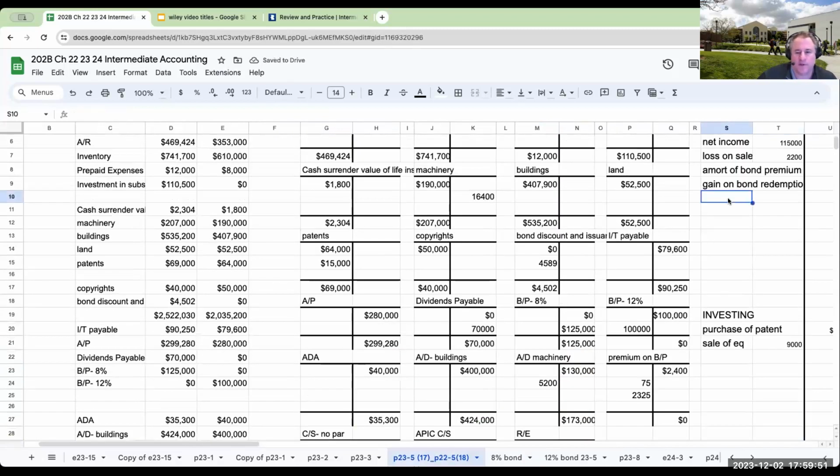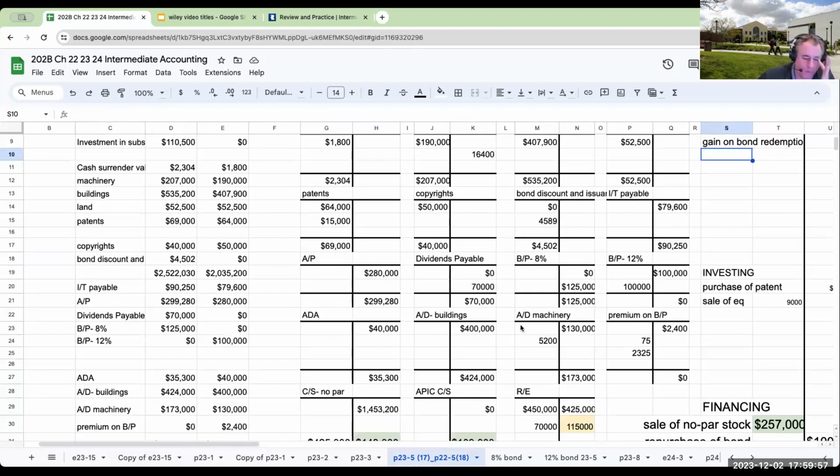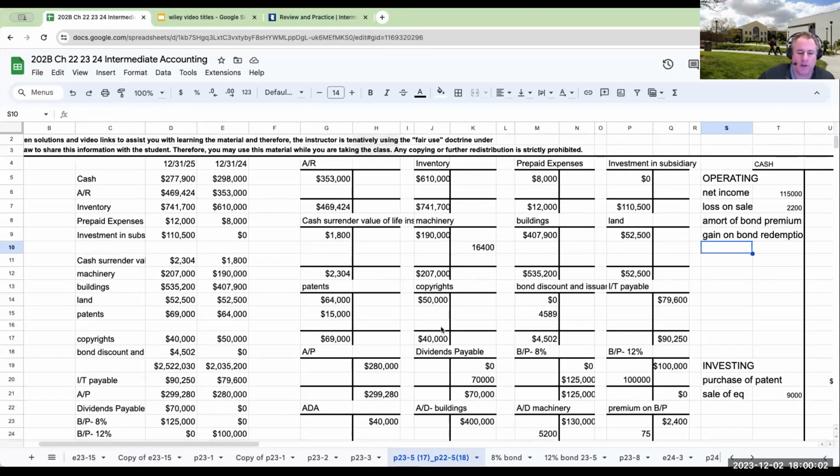Now, when it comes to this part over here, I've got this other balance that I have to go through and deal with, which is on the bond amortization, because 4589 does not equal 4502. So over here, what this difference is, or this 87, I'm going to show as amortization of bond discount.